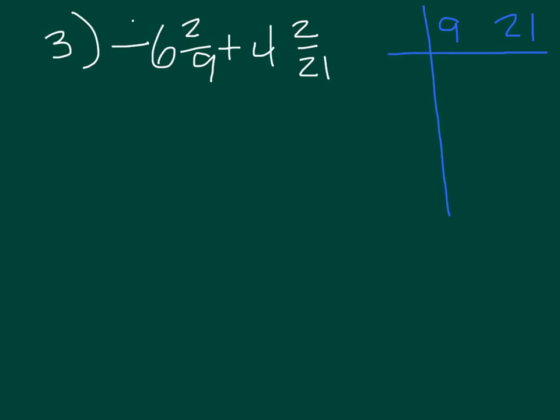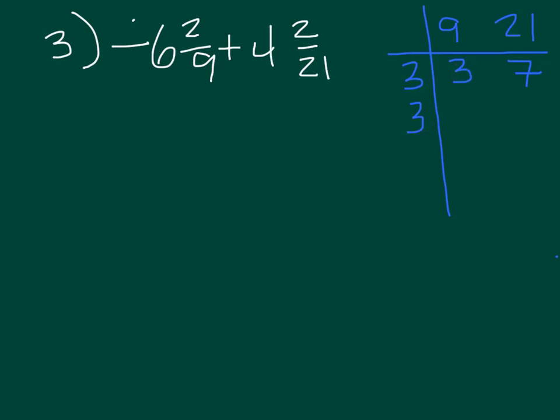The common denominator, let's find a number like 3. 9 into 3 is 3. 21 into 3 is 7.